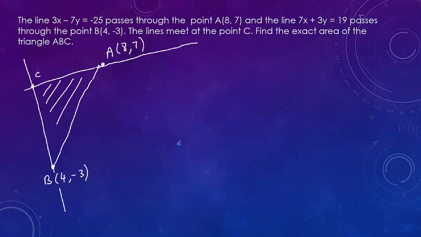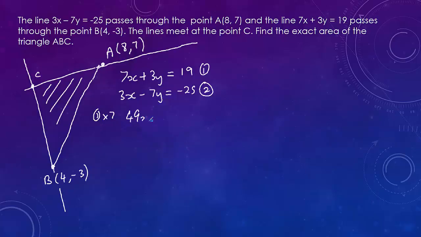So let's see whereabouts they meet. So 7x plus 3y is equal to 19. Let's call that equation 1. And 3x minus 7y is negative 25. Let's call that equation 2. So if I do equation 1 and I multiply that by 7, that gives me 49x plus 21y.